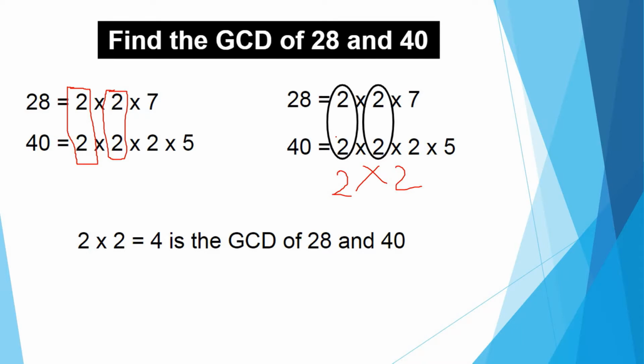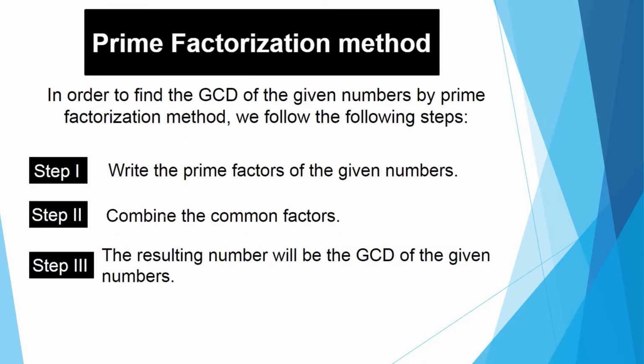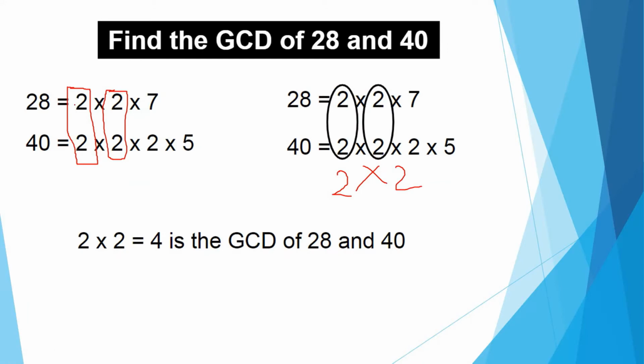When we are combining the common factors, when there are two numbers like 2 and 2, which are the factors for different numbers, but they are common among all the numbers, when we are finding the GCD, we will take only one pair.